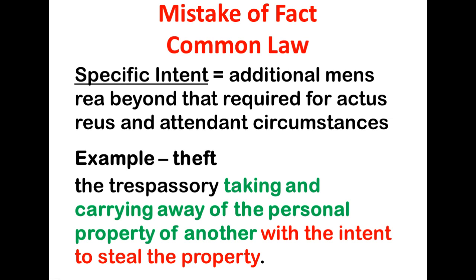So the actus reus is the taking and carrying away. The attendant circumstances are the personal property of another. But in this instance, highlighted in red, we have an additional mens rea required on top of those required for the actus reus and the attendant circumstances. That makes this offense a specific intent offense.